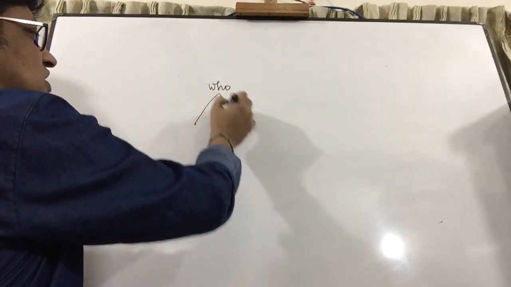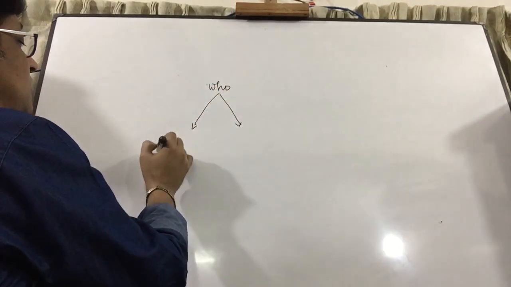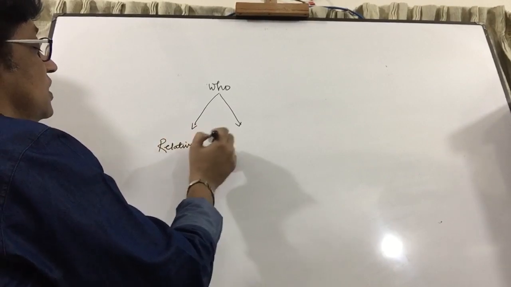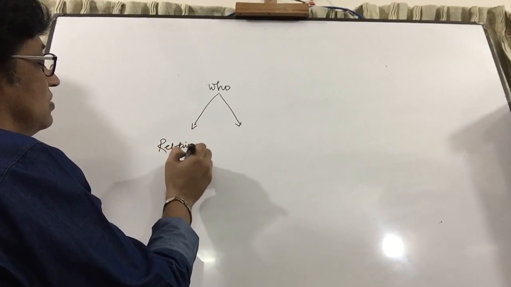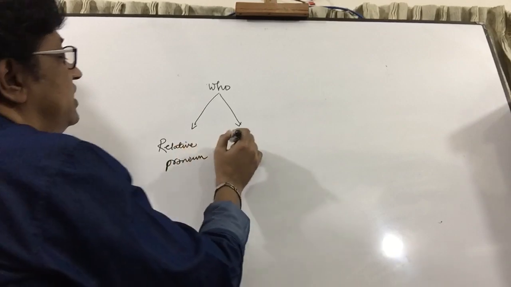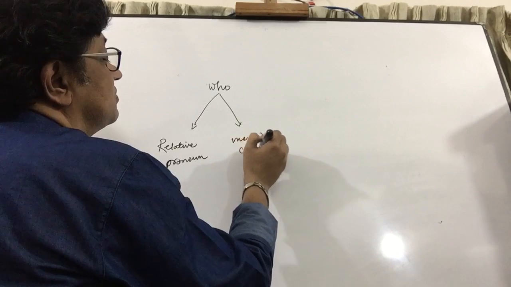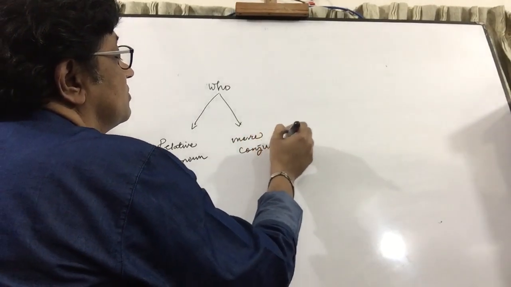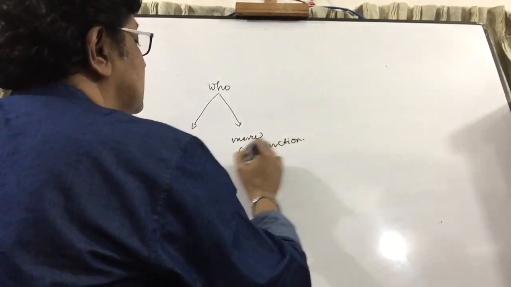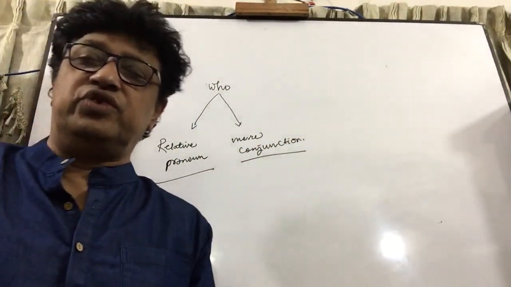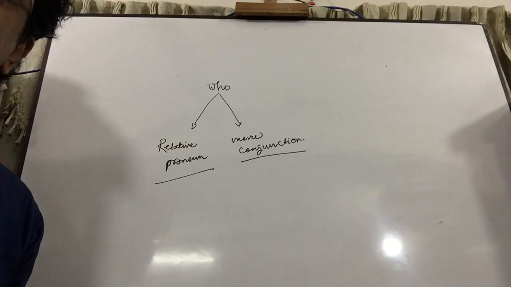Who can be used in two ways: as a relative pronoun and as a mere conjunction. Mere conjunction means where two clauses or two simple sentences are joined together. There you can say mere conjunction.